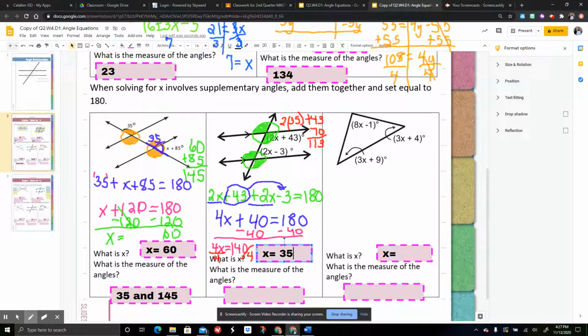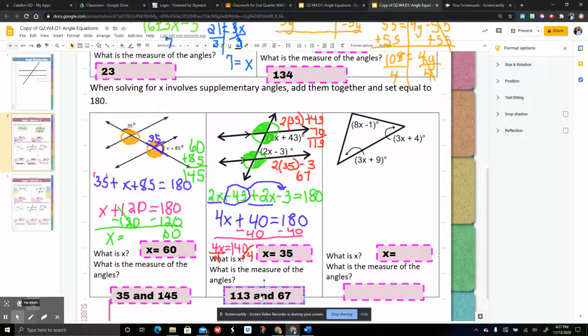So the first angle is 113. The next angle is 2x minus 3, so that's 2 times 35 minus 3. 2 times 35 is 70, and 70 minus 3 is 67. So my two angles are 113 and 67.